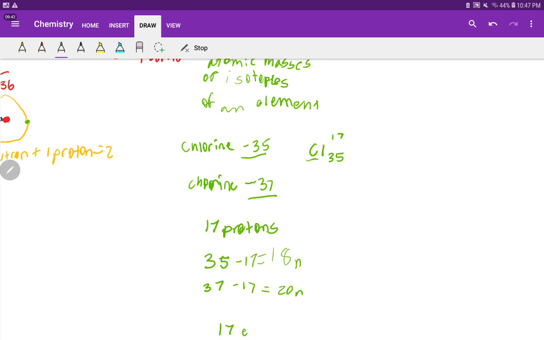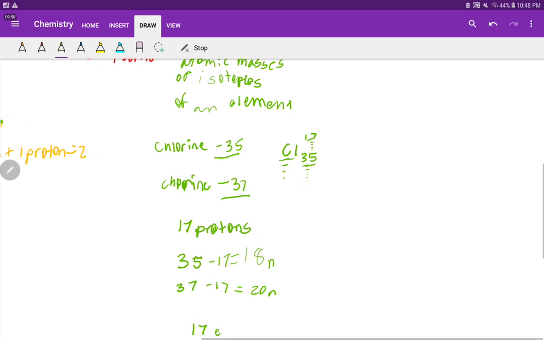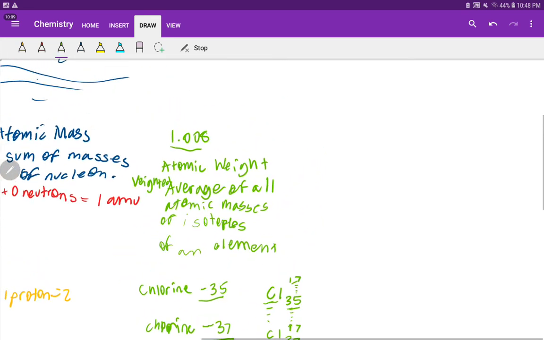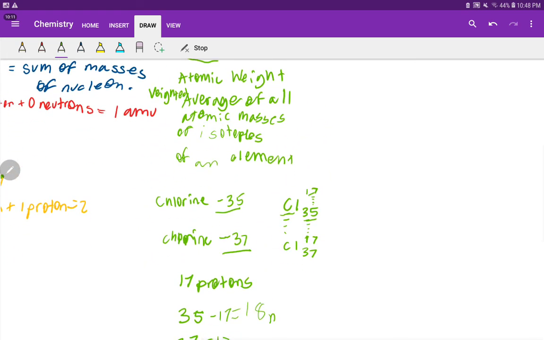So the Cl is the atomic symbol of chlorine. 35 is the atomic mass, and 17 is the number of protons. Likewise, the bottom one would be Cl with 37 on top and 17 on the bottom.